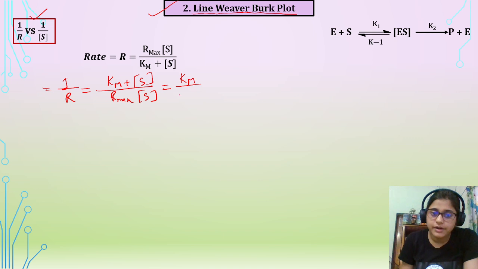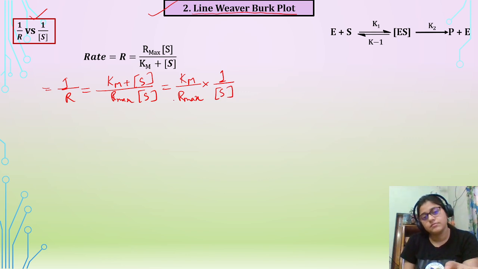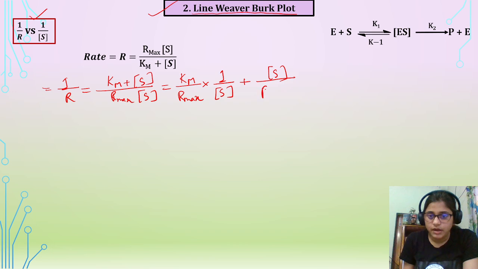This will be equal to Km by Rmax into 1 by S, plus S by (Rmax into S).